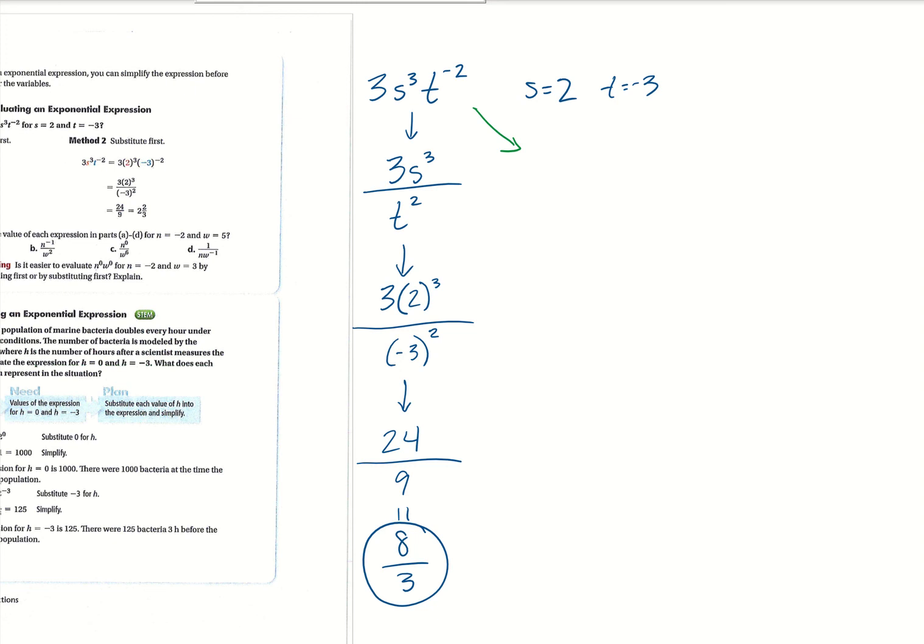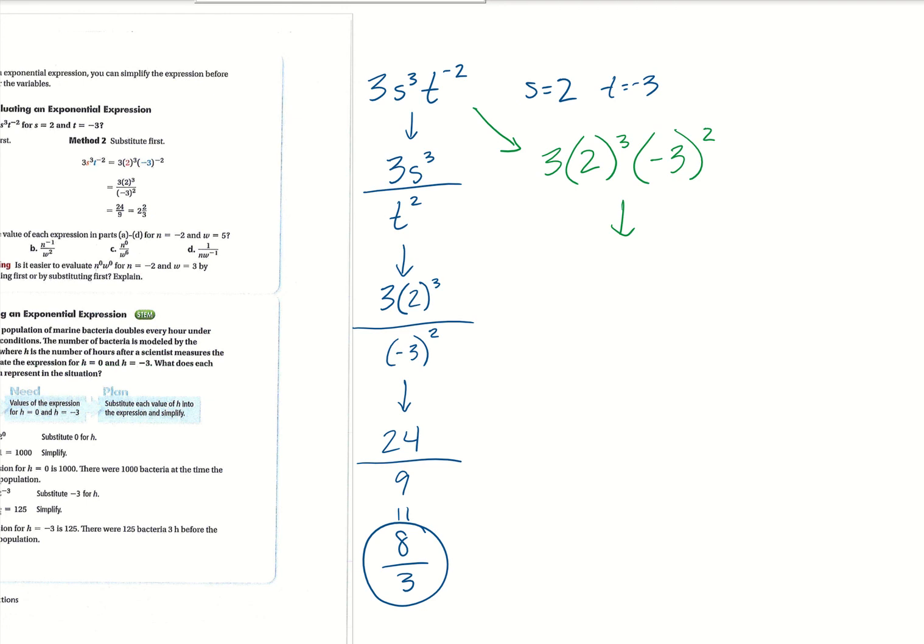Okay. On the other hand, I can plug in first, and it's going to work out just as well. All right, so I have 3 times 2 to the third power, and then multiplied by -3 to the negative second power. Okay. From here, if I follow order of operations, we have parentheses, but there's nothing to do inside the parentheses.